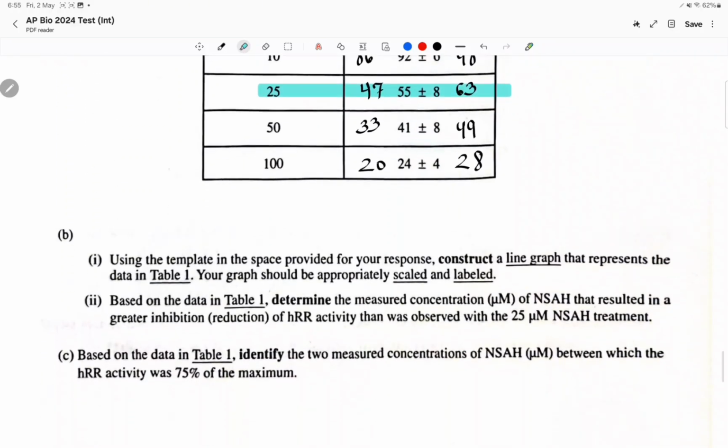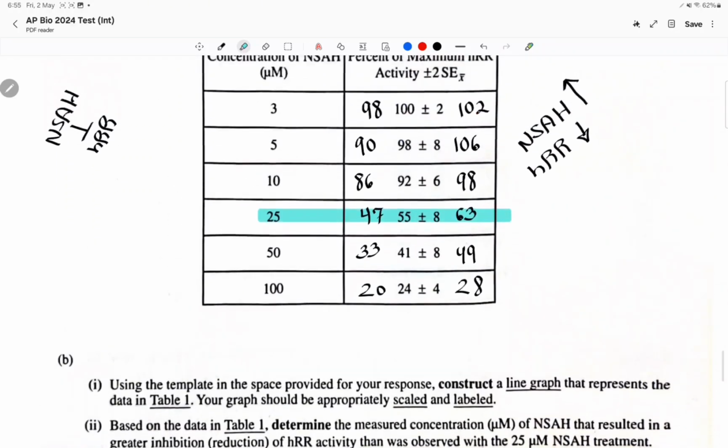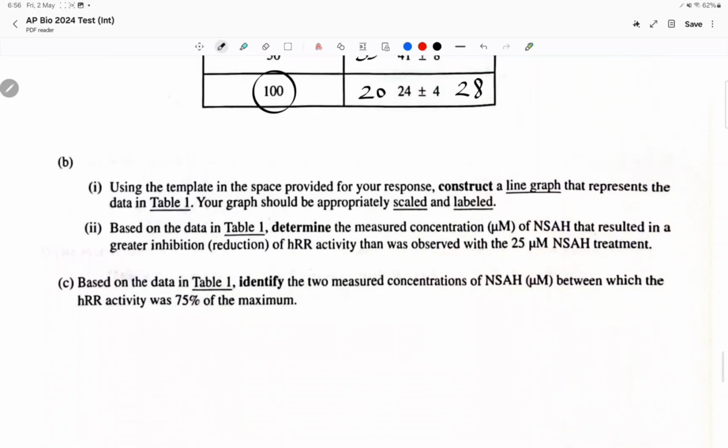So which concentration resulted in more reduction, which means less than that, with no overlap? 100, right? Because if you choose 50, you would have overlap. The 100 has no overlap.